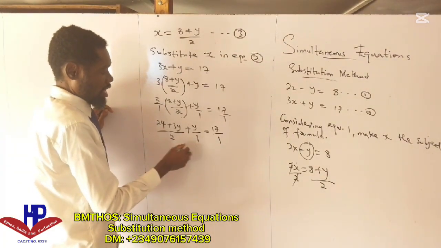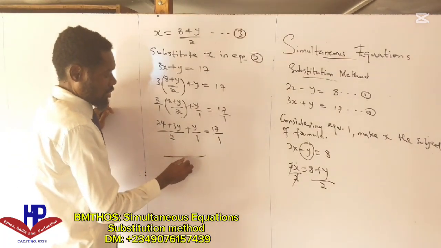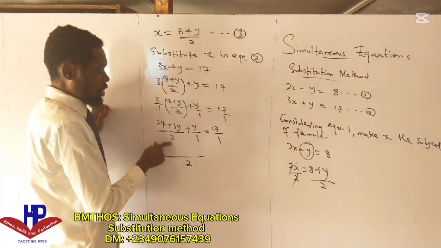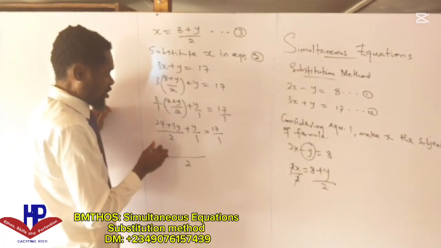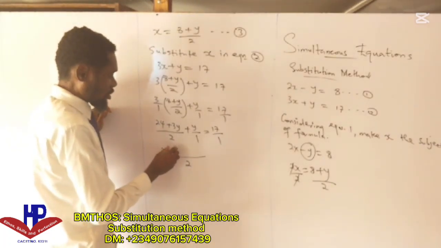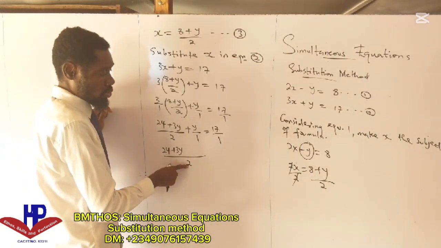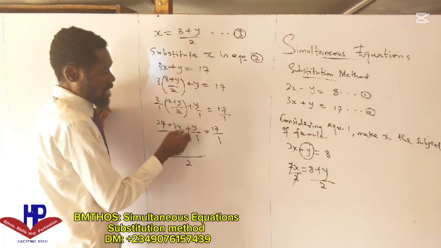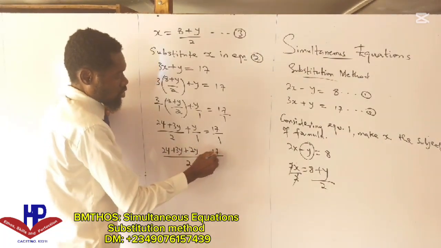We can find the LCM. LCM of 2 and 1 is 2. 2 into 2 is 1. 1 times the numerator will still give us back 24 plus 3y. 1 into 2 is 2. 2 times y will give us plus 2y is equal to 17 over 1.